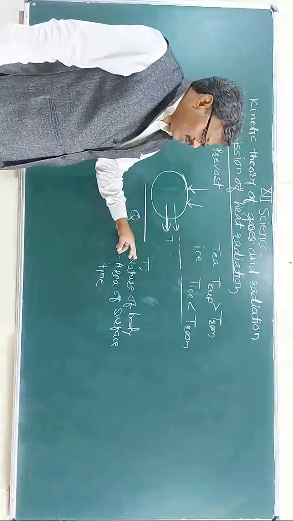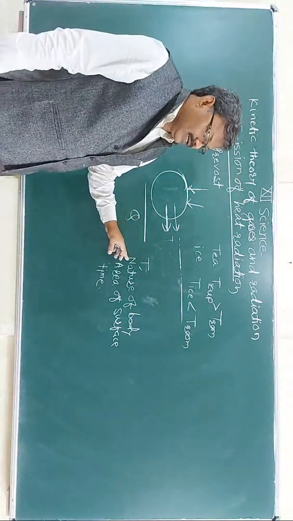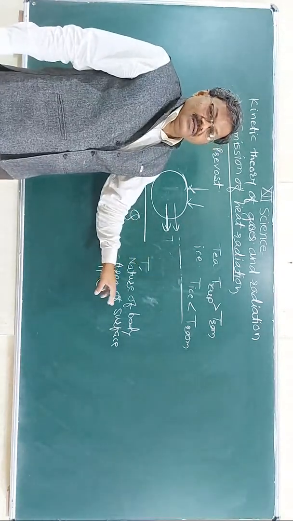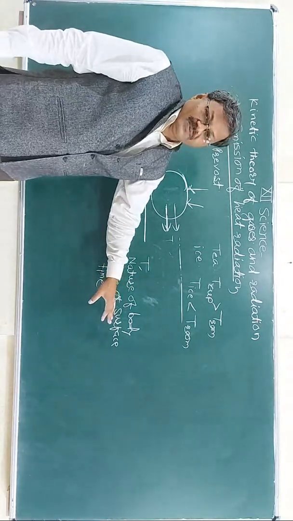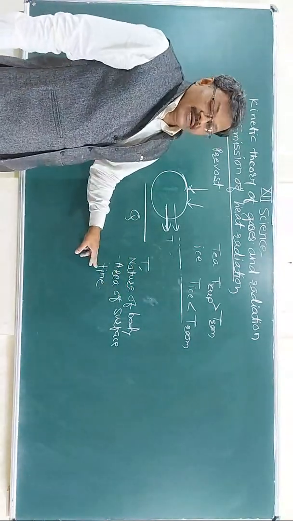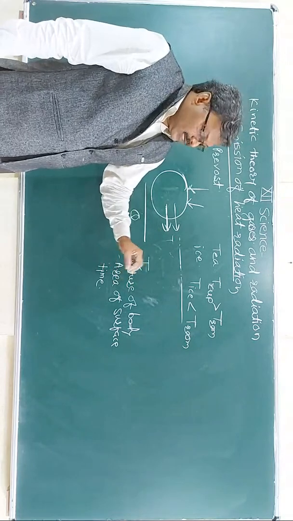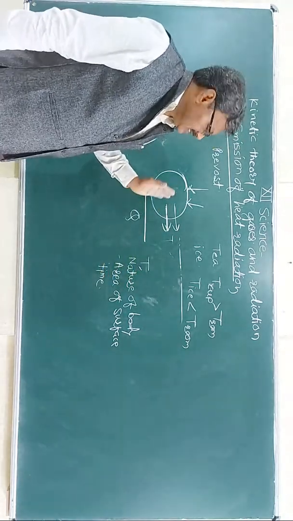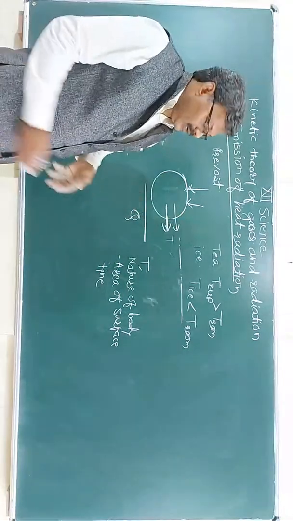It depends upon the absolute temperature. It depends upon the nature of the body. It also depends upon the surface area of the body, and it also depends upon the time for which this radiant energy is emitted from the body.